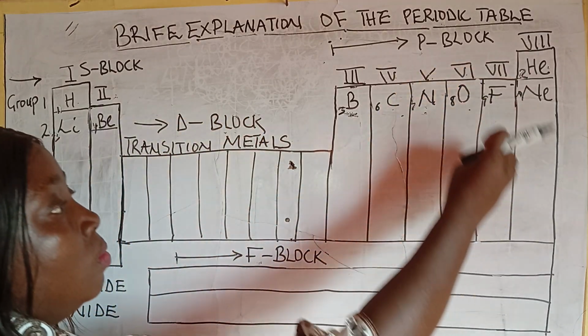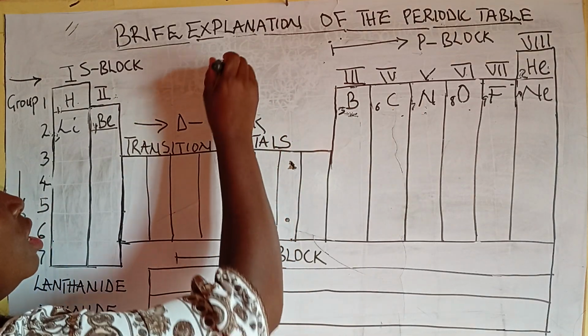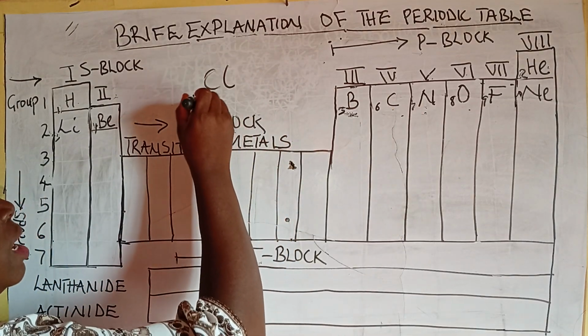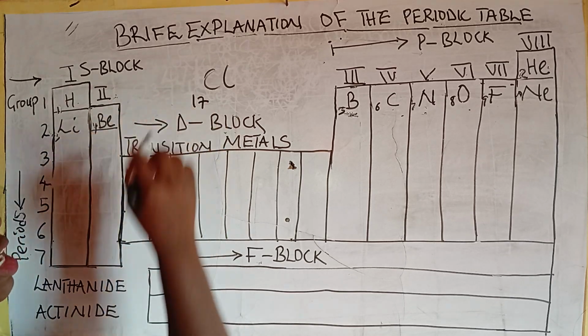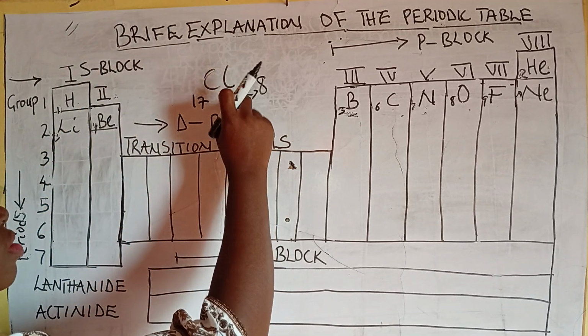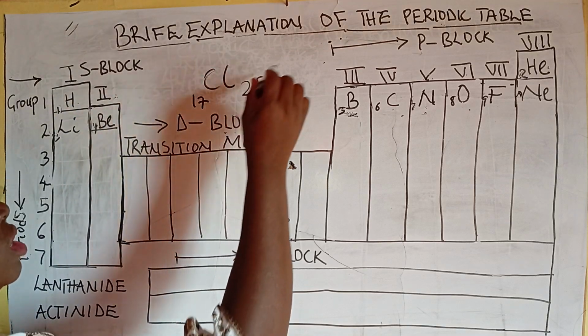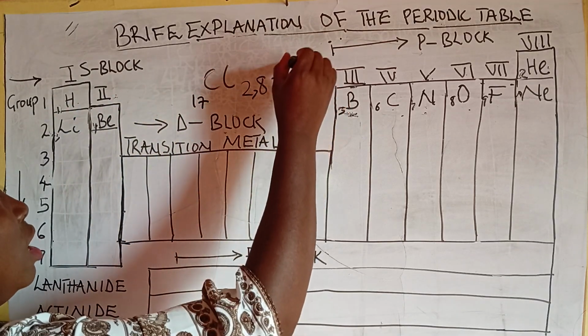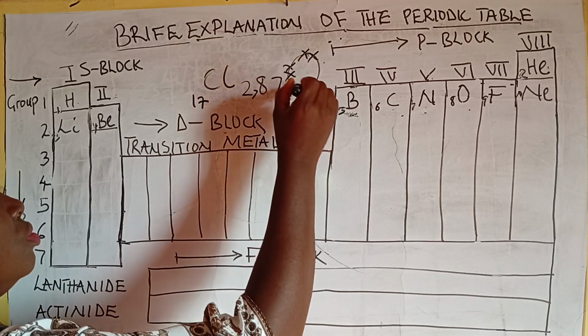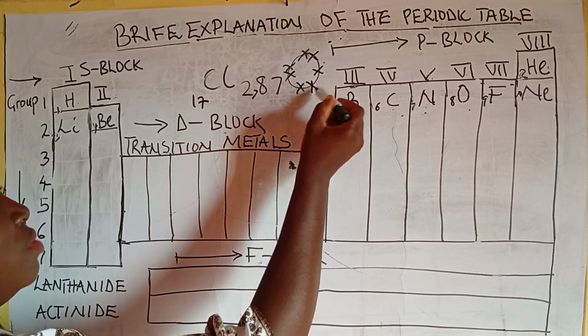What of the halogens? Let's take the second member, chlorine, as an example, with atomic number 17. If we fill the electrons in the shells, we'll have 2, 8, that's 10, 7, which means the outermost shell of chlorine has 7 electrons. 1, 2, 3, 4, 5, 6, 7.